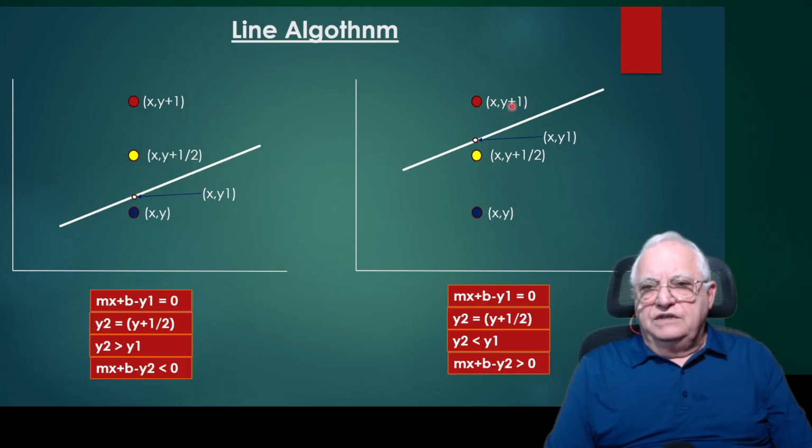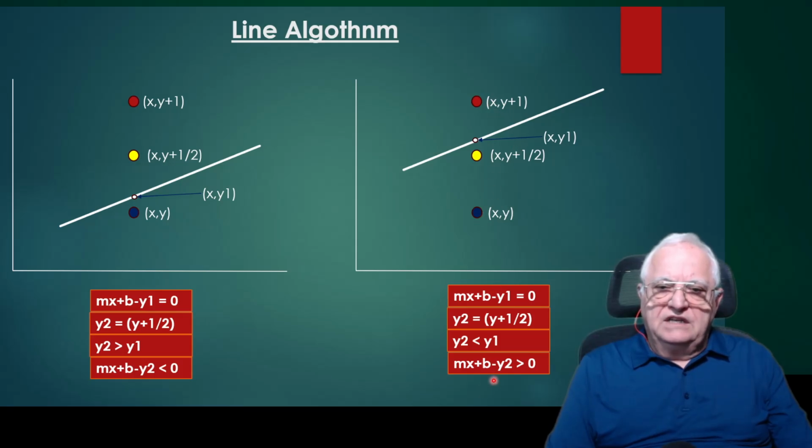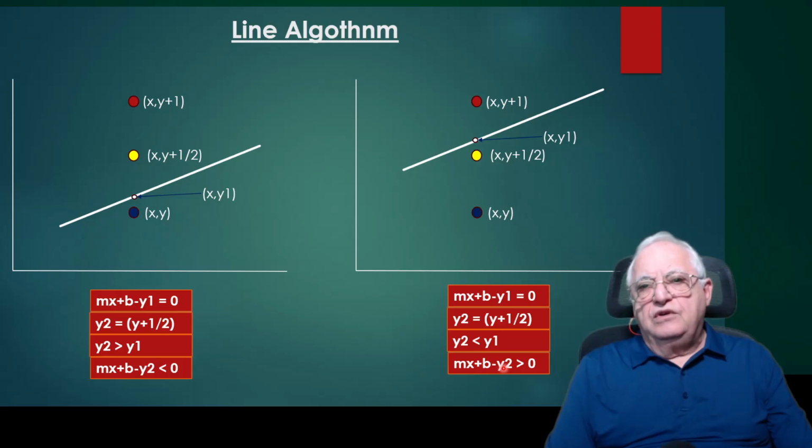However, if I do the same thing, with a line between two pixels, and I plug in the mid value between these 2 points into the equation, and I end up with the equation greater than 0, then I can say that the line is closer to the red pixel.